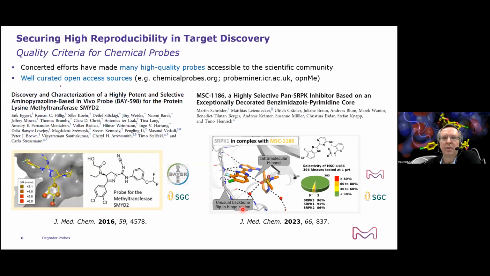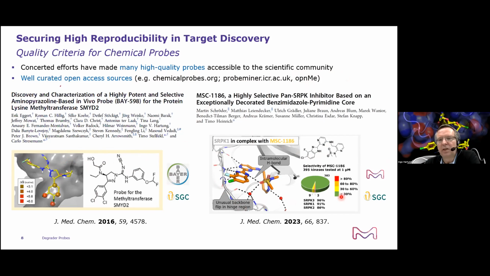There's a significant number of such high-quality probes in the public domain, and I'm just highlighting here a few of the good sources: Probe Miner, the Chemical Probes portal, and Boehringer Ingelheim's OpenMe. And there are 2 examples here. If you want to go a bit more into the details of activities I've been involved in the past, so in epigenetics back in the Bayer days, is my 2 inhibitor.